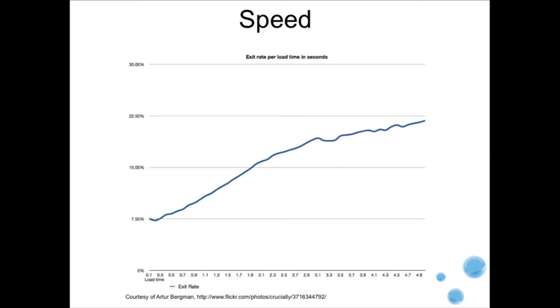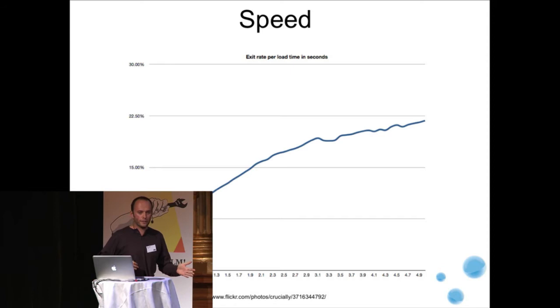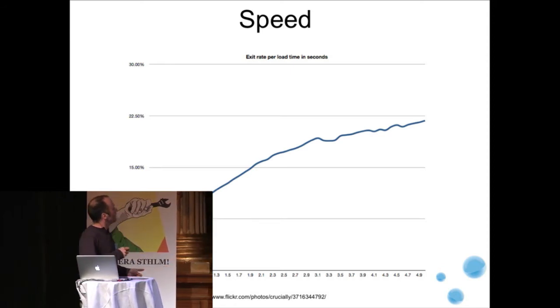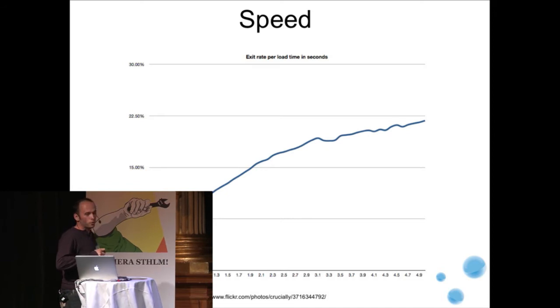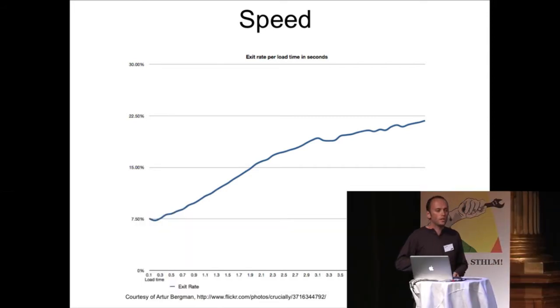And he was playing around with the response time of his web infrastructure, inducing more and more delays and seeing how that affects traffic. At the bottom here, the page would load more or less immediately, and 7.5% of the users would be lost and would not click on another link.